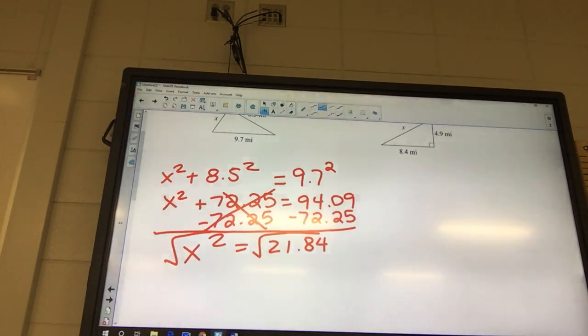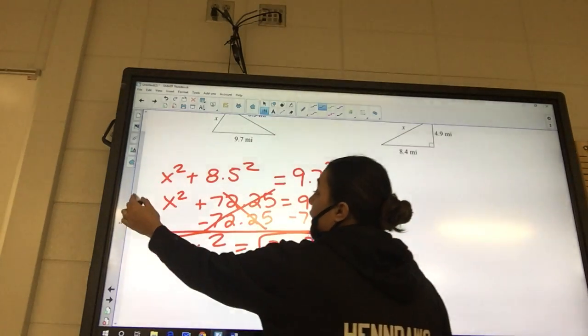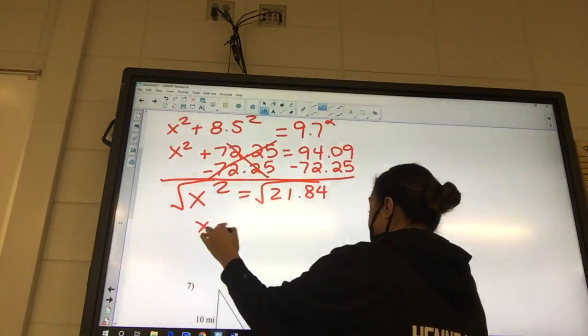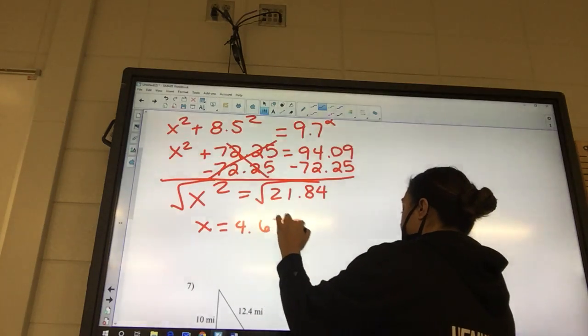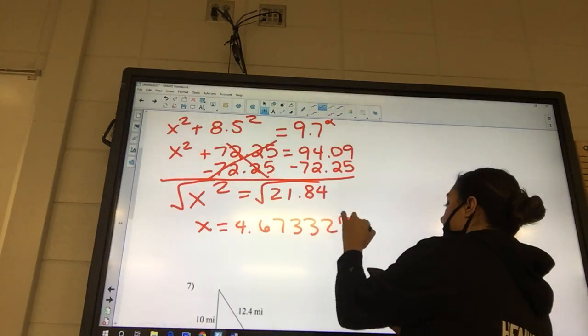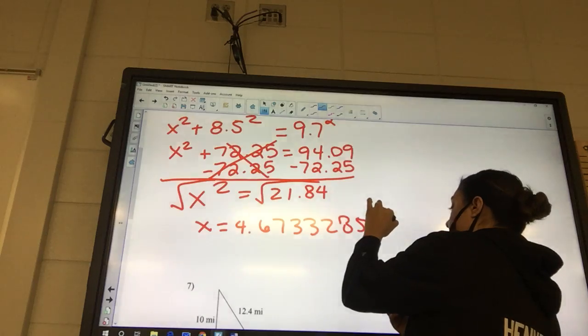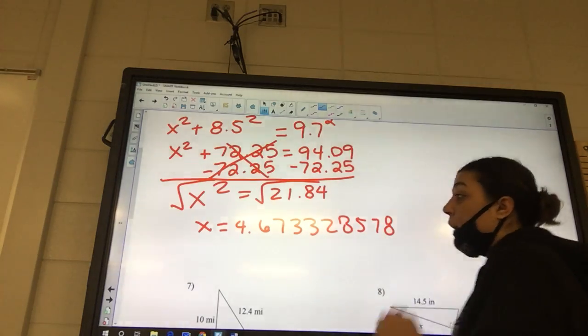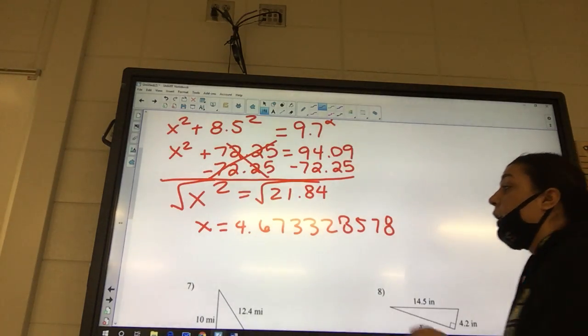You don't need to round, write down the first two places. So, and I'm gonna write down the whole thing so you can see, but I got x equals 4.67332857.